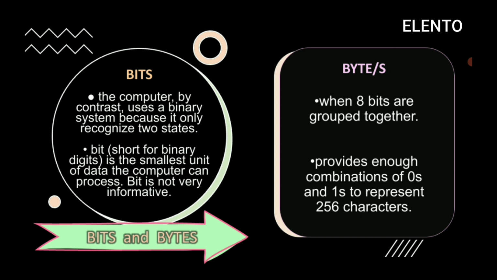Bytes provide enough combinations of zeros and ones to represent 256 characters such as numbers, upper and lower case of the alphabet, punctuation marks, and other keyboard symbols like asterisk, ampersand, and dollar sign.